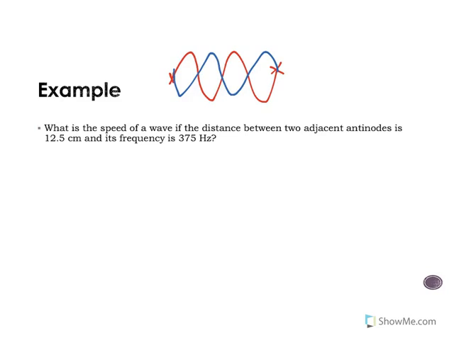And what the question is wondering is, what's the wavelength if the distance between 2 antinodes, so here and here, is 12.5 centimeters.